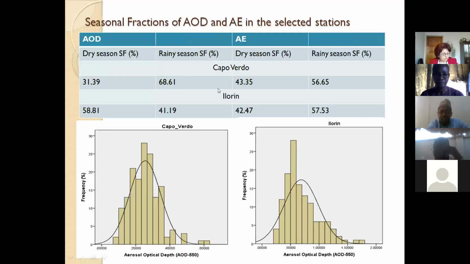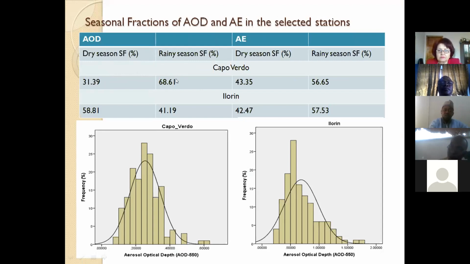Also, for the seasonal fraction, that is the contribution of each kind of aerosol during each season. For AOD, the atmospheric turbidity in Cape Verde has a contribution of 31.39% during the dry season, which is lower than what we have during the rainy season.